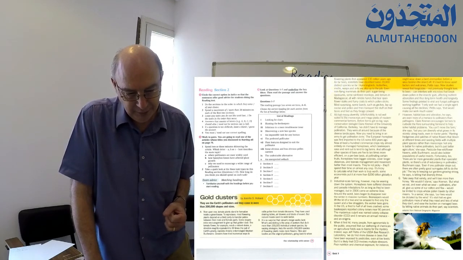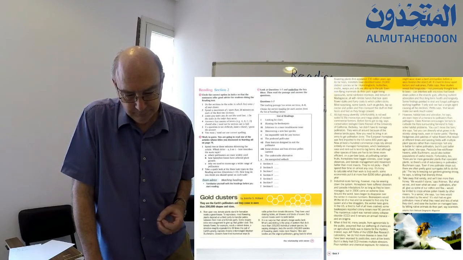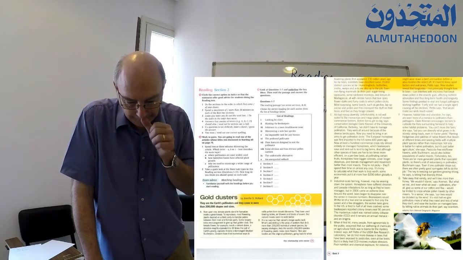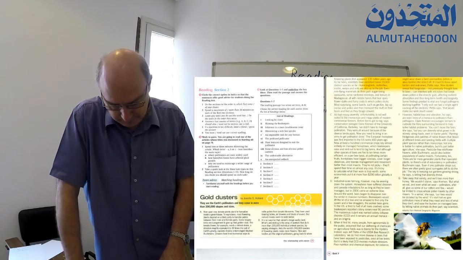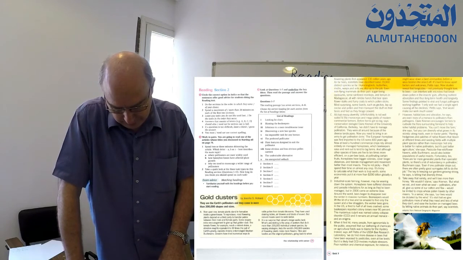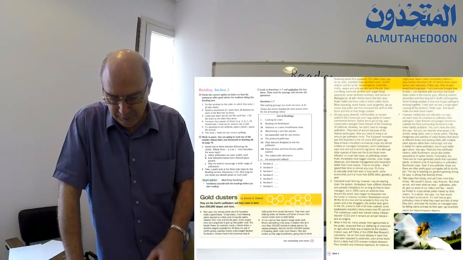Let's look at the second paragraph. And we're looking for the main idea. It's talking about the types of this paragraph, this whole paragraph here.